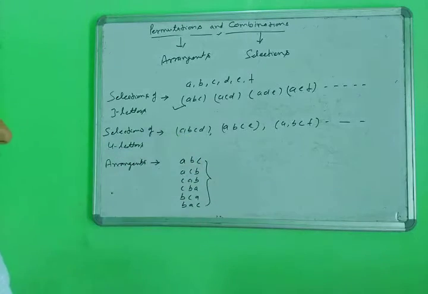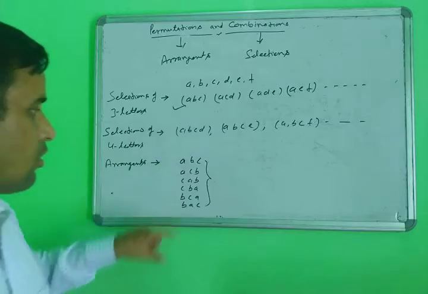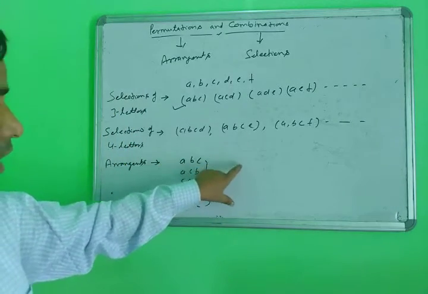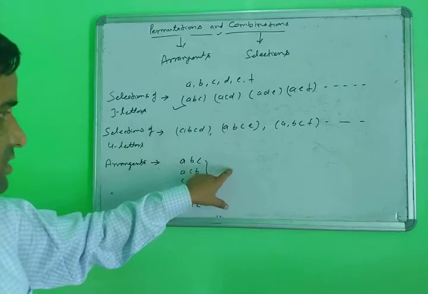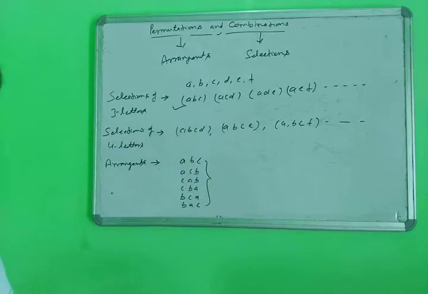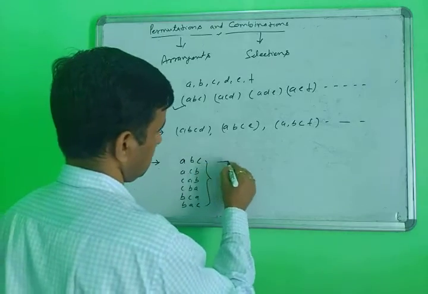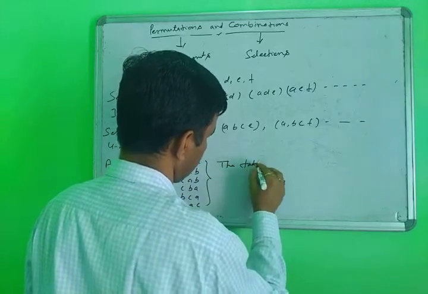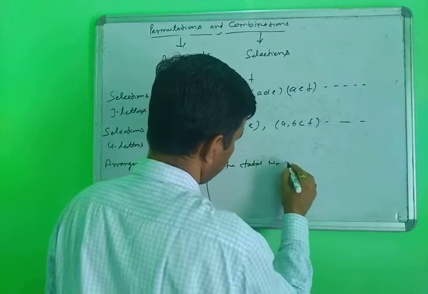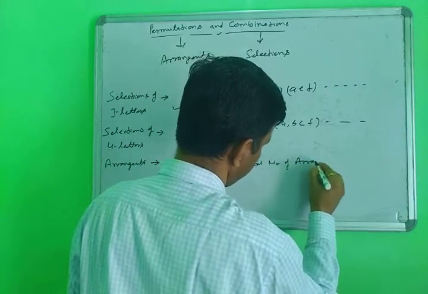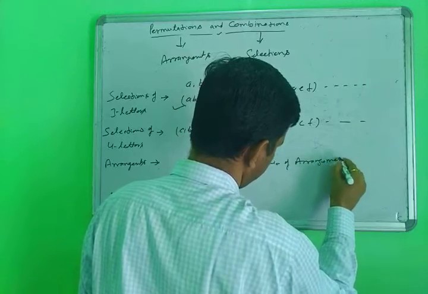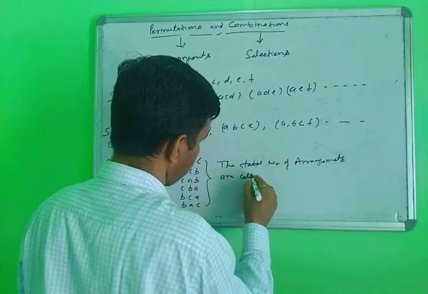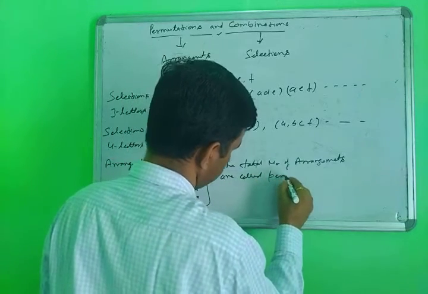It means the total number of arrangements is called the permutation.